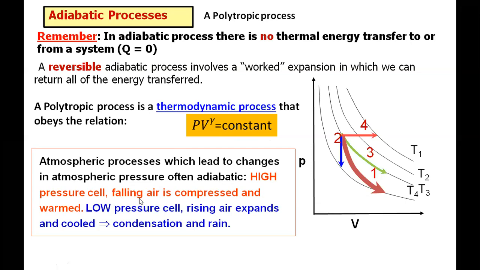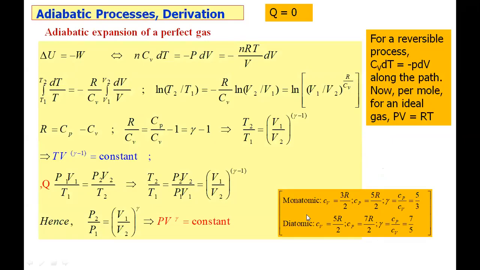In a low pressure cell, the air rises, and rising air expands and cools. This leads to condensation and rain. And this is the PV diagram for the process.